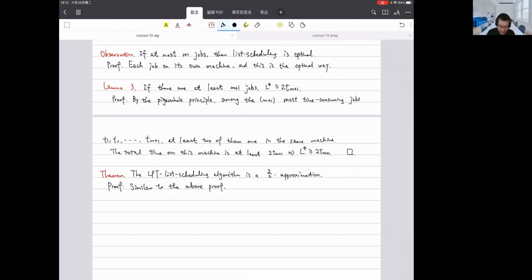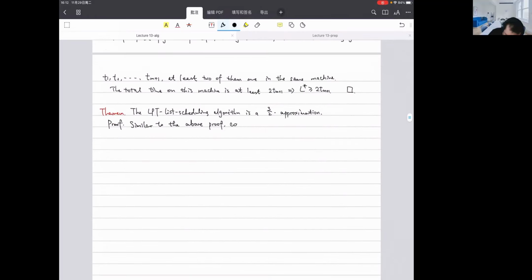we are still going to consider the so-called bottleneck machine. In particular, consider the load Li of the bottleneck machine, the machine that reaches the makespan.